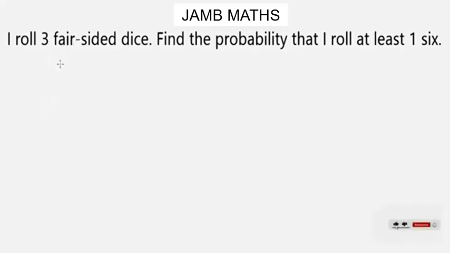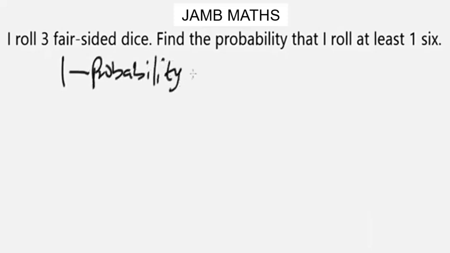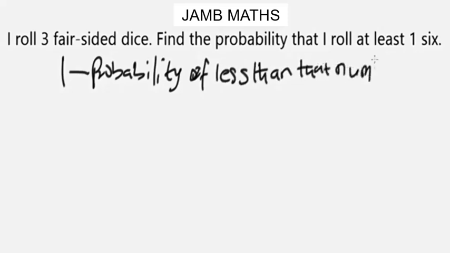So the formula we're going to apply will be to subtract the probability of less than that number of things happening.